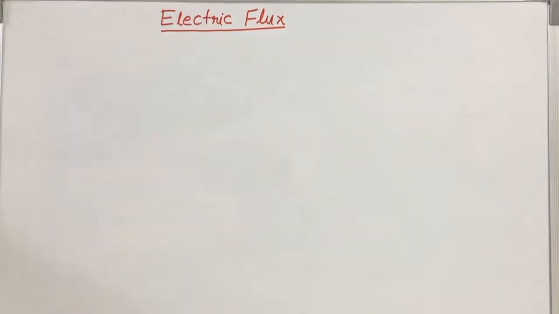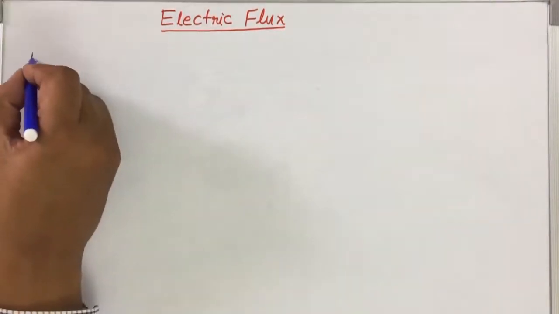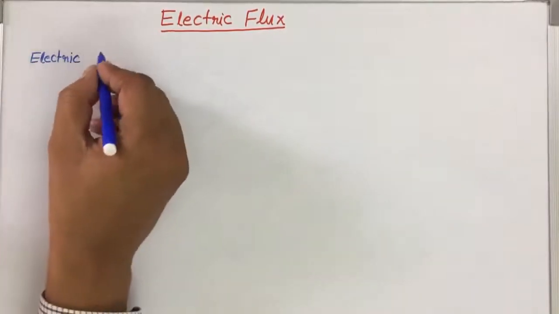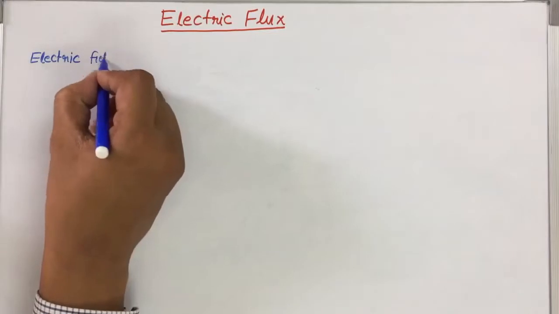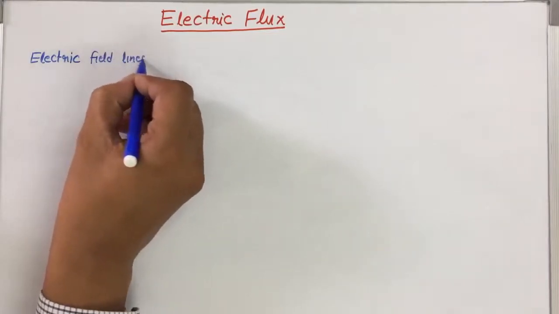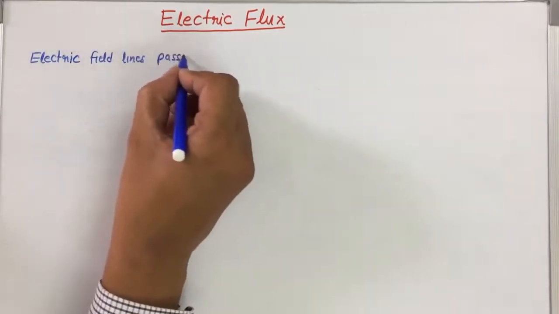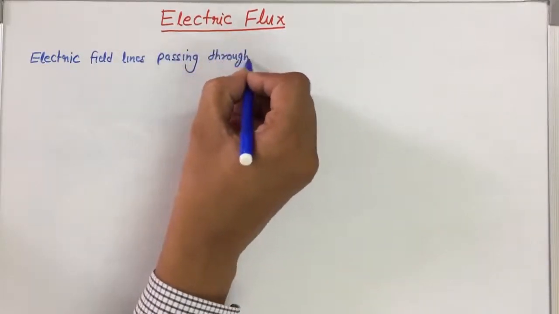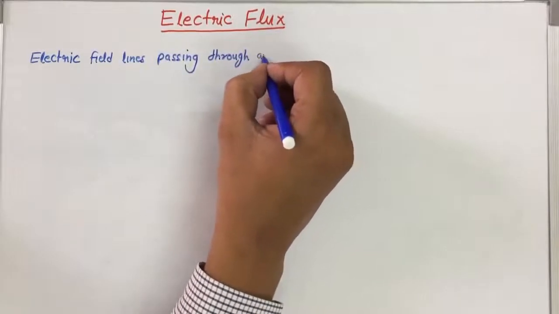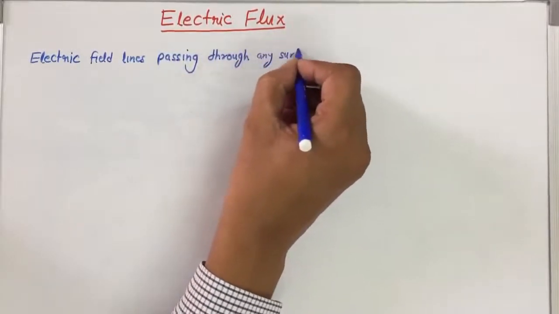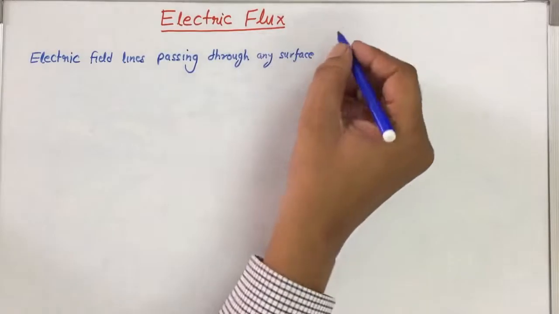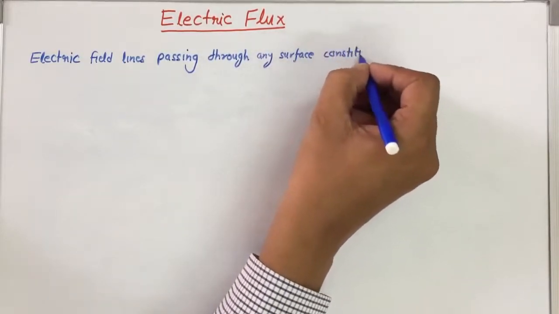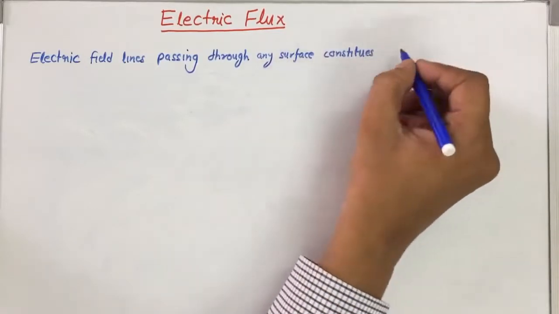In this way we can write: electric field lines passing through any surface constitutes electric flux.